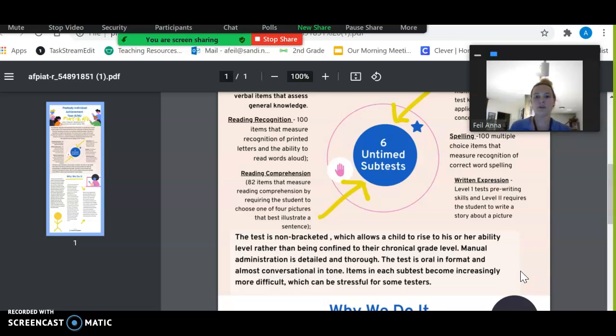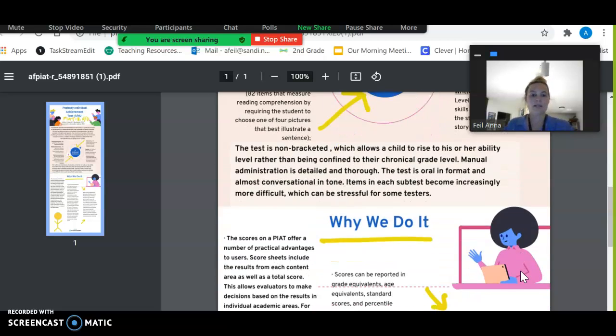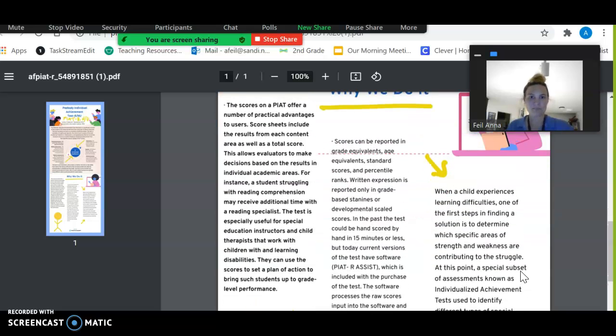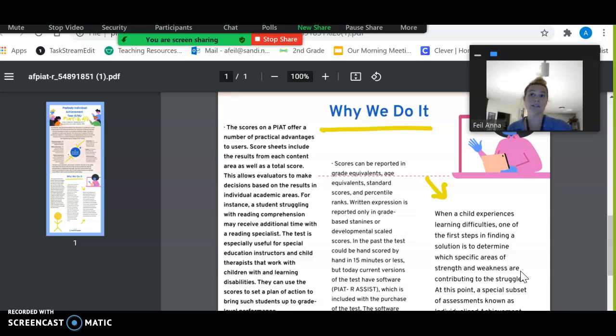It's really important that the examiner gets to know the student with a friendly chat before the test, so there's no anxiety that could impede the student's ability to show their true skills. So why do we do it? We do it to discover weaknesses and strengths in students, to find a specific need.